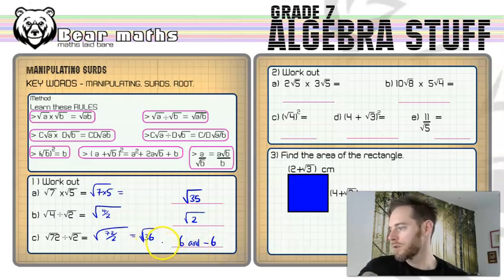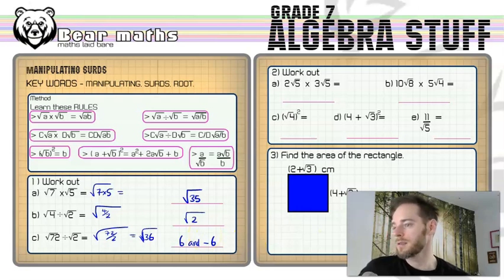We can have two solutions when we square root a number. So these are technically positive and negative root 2, and technically positive and negative root 35. But root 35 would do, root 2 would do, and probably just 6 would do most of the time in the exam paper, unless they ask for both solutions.